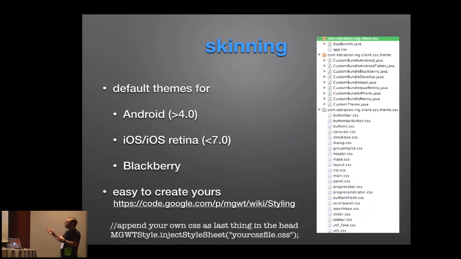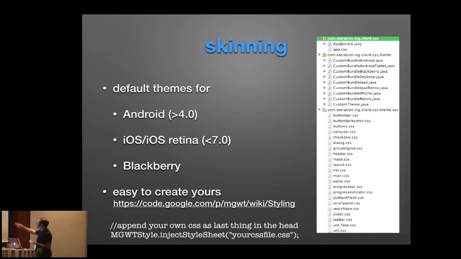So if you need a theme for your own app, which most of the time you will, which is different from the default themes, you can easily create yours, but you should really read the styling guide and start creating your theme from scratch. It's pretty easy.